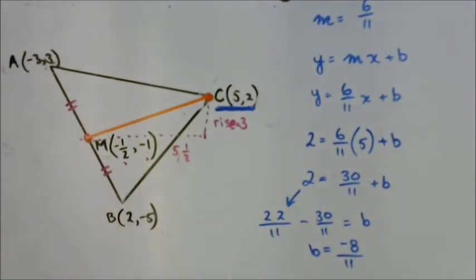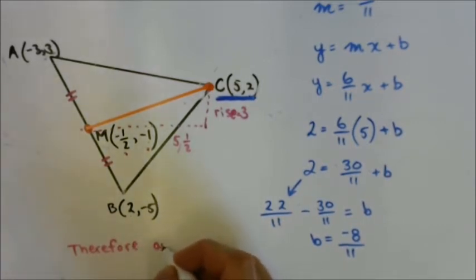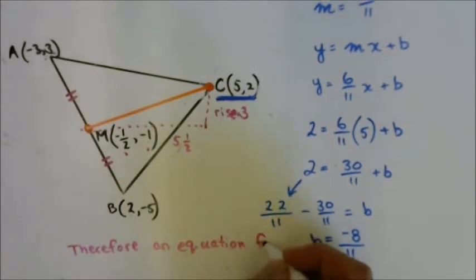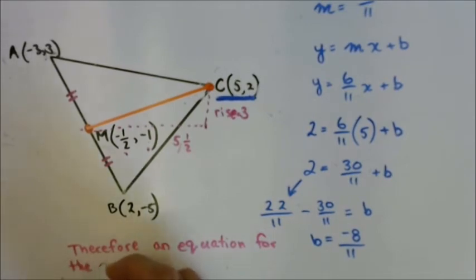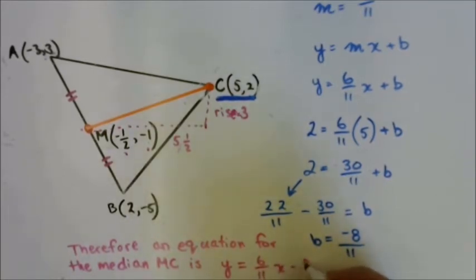And now I have all the information that I need to write an equation for the median MC. Therefore, an equation for the median MC is y equals 6 over 11x minus 8 over 11.